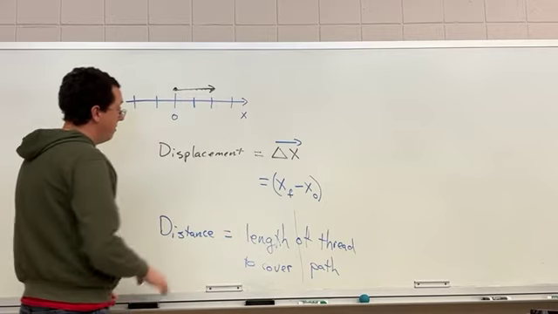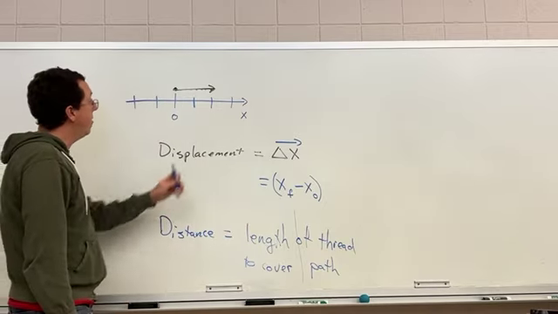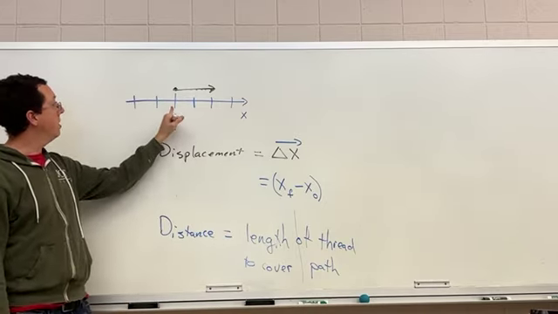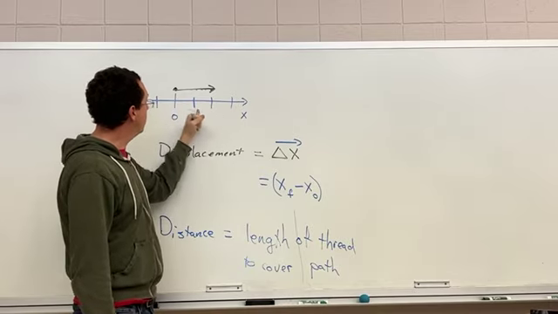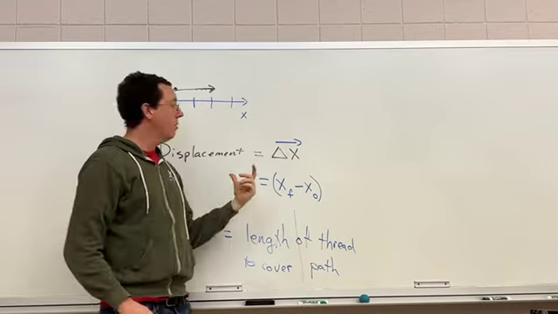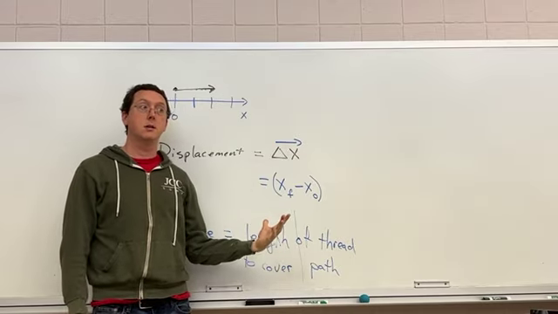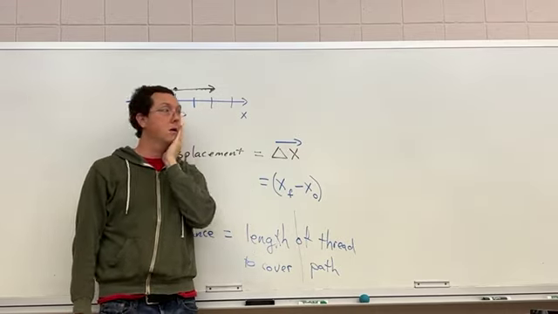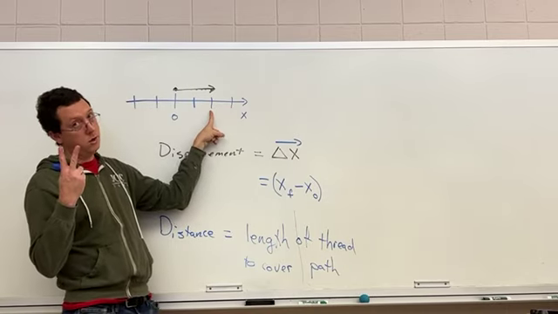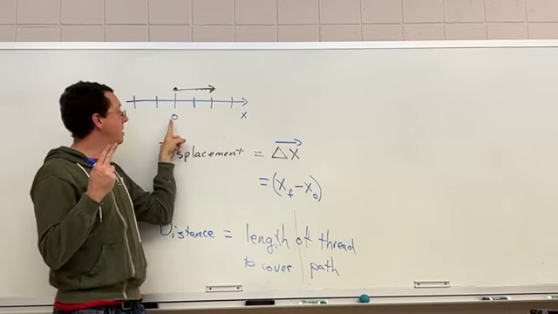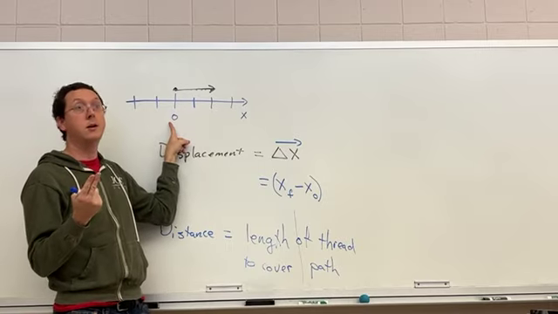Okay, so we did a couple of examples. Now for this path right here, when I started at the origin and stepped 2 times to the right, what would be the displacement? Well, we identify the final position, 2, and the initial position, 0.